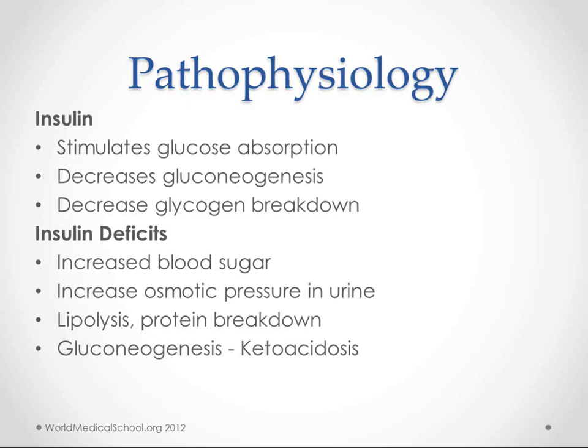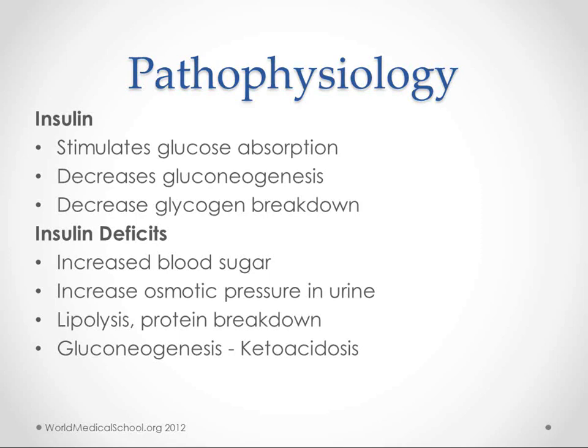And deficits in insulin just mess up that signal cascade. So we have extra sugar on board, but still we're making sugar, and we're still breaking down fatty acids and other things that we can use for energy.